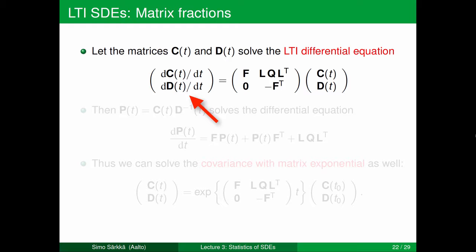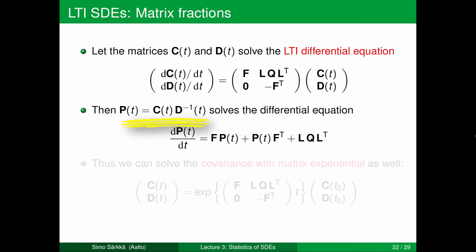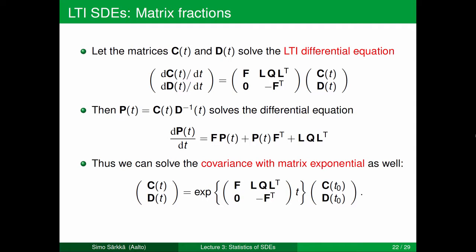The time derivatives of C and D are equal to the matrix [F, L Q L transpose; 0, minus F transpose] times the joint matrix of C and D. Then P(t), which is equal to C(t) times the inverse of D(t), solves the differential equation of exactly the same form that we had for P. Thus, we can actually solve the covariance with the matrix exponential like this, and then we can just substitute the C and D that we get into the equation of P here.